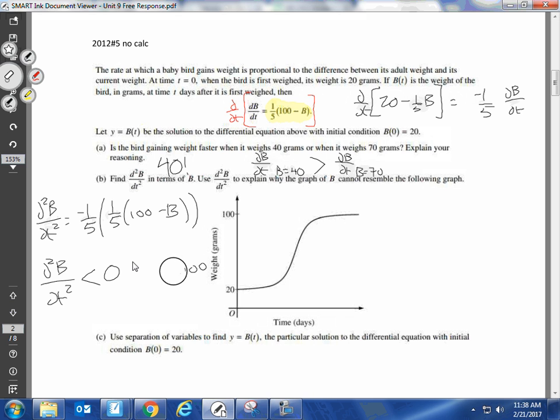What does that mean? My second derivative is negative, so b must be concave down throughout. It is not here, which is why that's wrong.